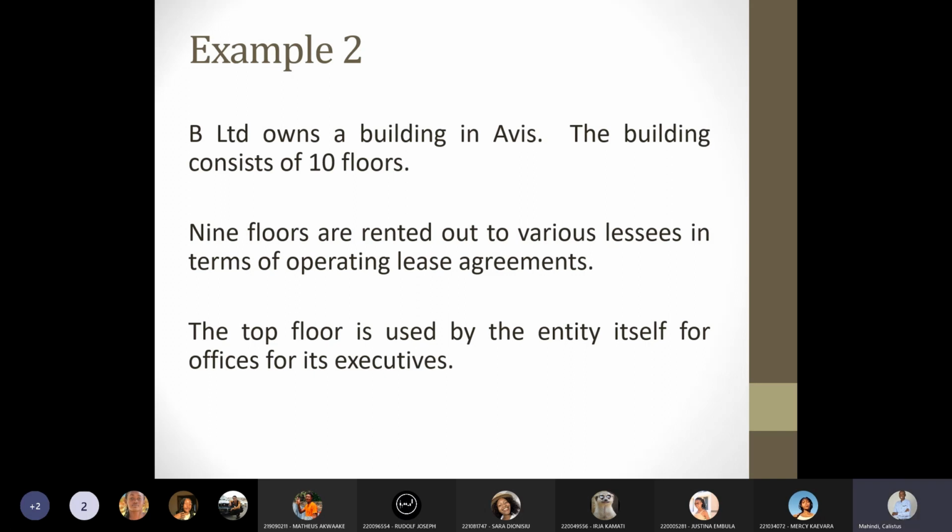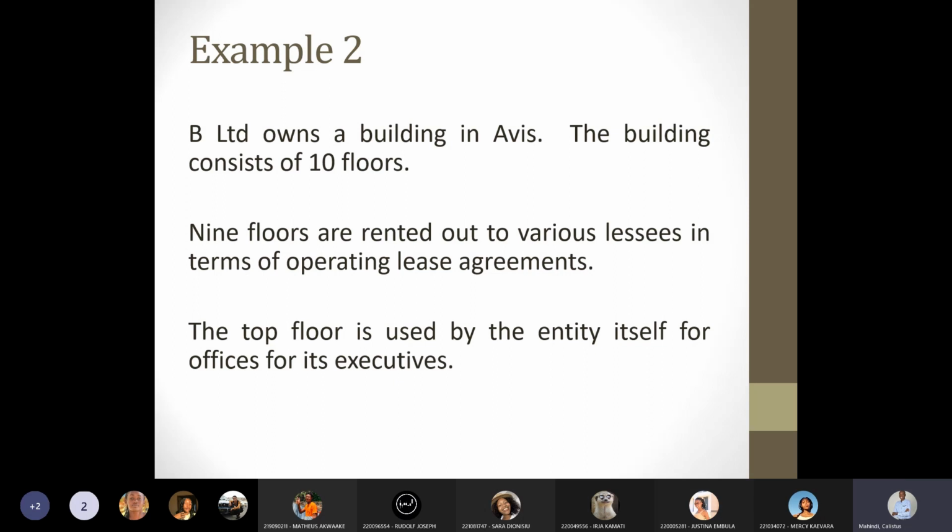Let us look at example 2. B Limited owns a building in Avis. The building consists of 10 floors. 9 of the floors are rented out to various lessees in terms of operating lease agreements, and the top floor is used by the entity itself for offices of its executives.